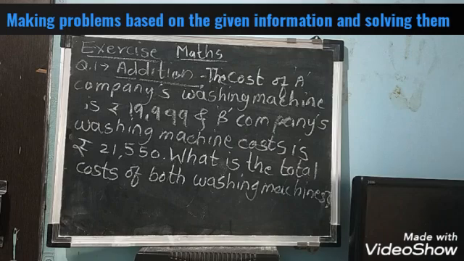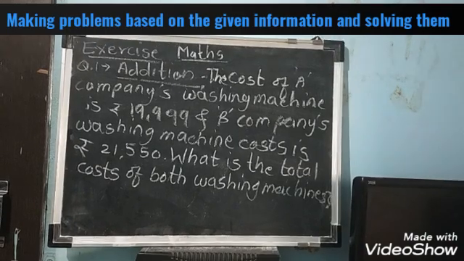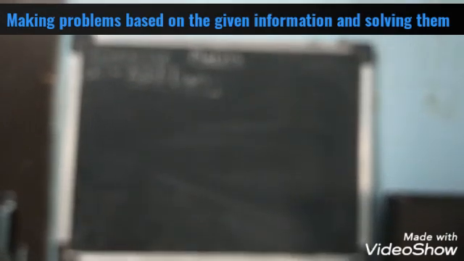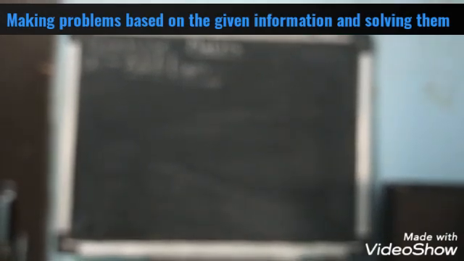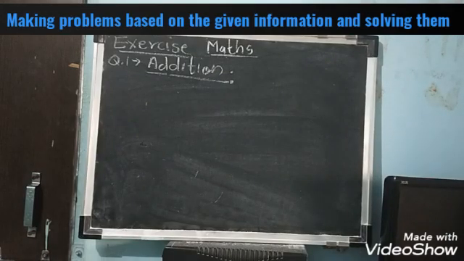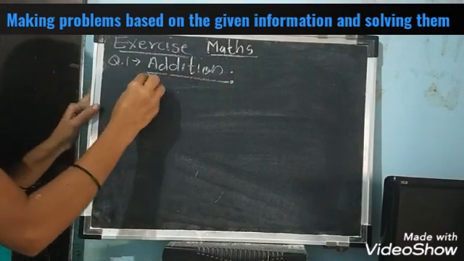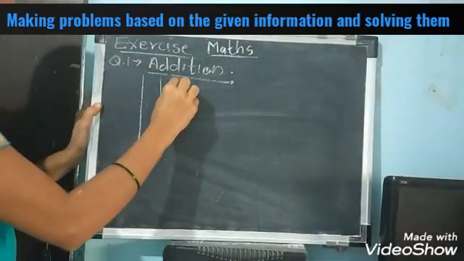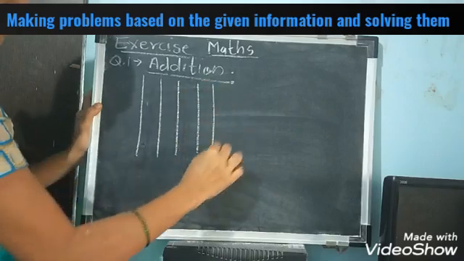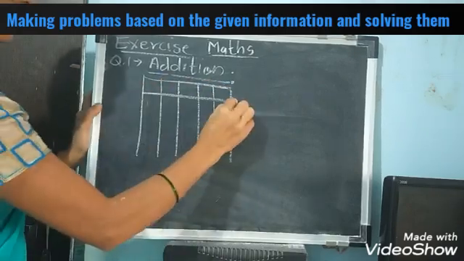Now we have to solve this example. Make columns and do addition. These two numbers are 5 digits, so we have to make 5 columns. Here write down places.